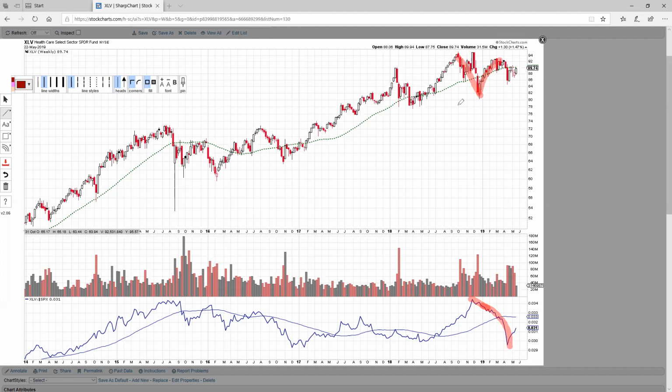All of a sudden there's a change of tone in healthcare, and healthcare now is firmly below its long-term moving average on relative strength, and it's attempting to rally here, but it's rallying from a very low level, and if it can get up to this moving average, it's likely to show some more weakness. And so we're looking at this and saying this may be an area to avoid for the moment.